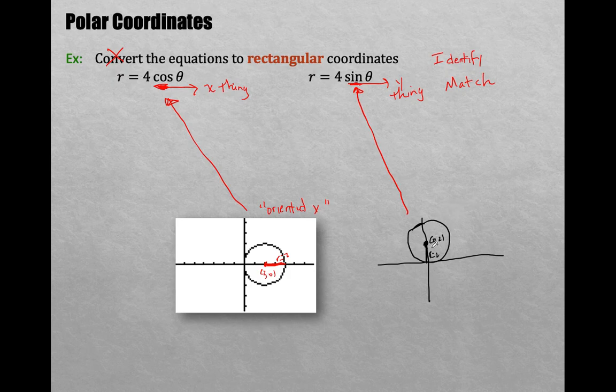And can you see the y thing along the y-axis? This is along the x-axis, symmetric around the x-axis. This is symmetric along the y. I say this is oriented y. Hey, if you have your calculator out, what do you think the circle looks like?